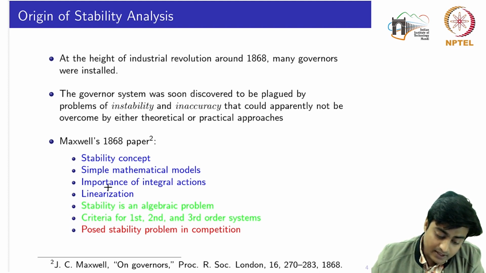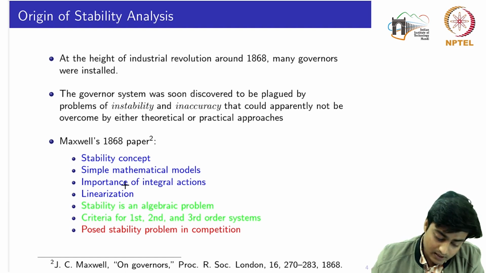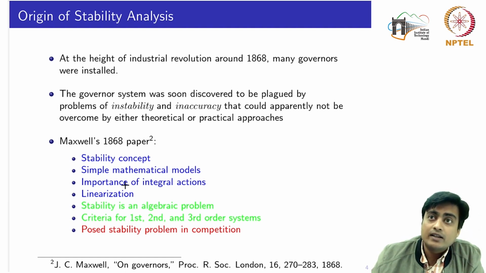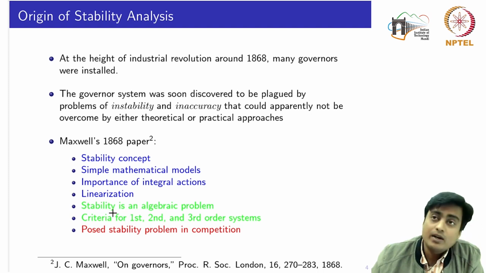It also highlights the importance of the integral actions, which you have possibly studied in your UG control course when you studied the proportional integral and derivative controller. Fourth is the linearization. Fifth and sixth, which are quite important, that stability is basically an algebraic problem.